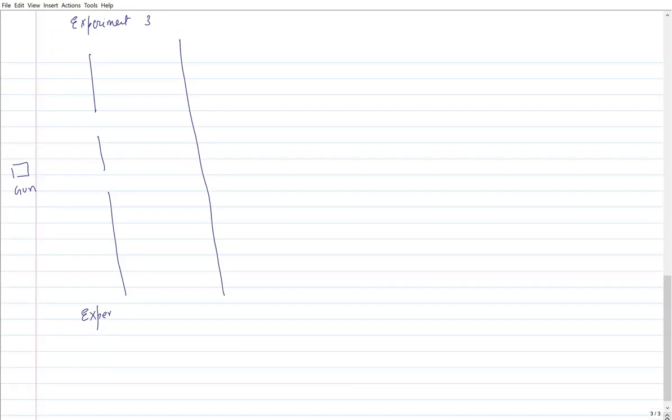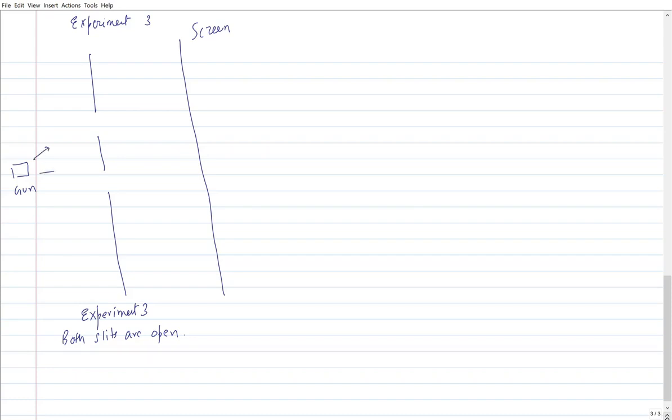Now, my experiment 3 would be, I open both the slits of the double slit experiment. I have a gun. Experiment 3. I have a screen. Both slits are open, and well, what do I get?